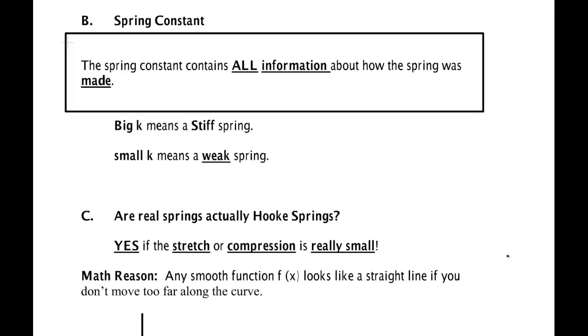What was said was that you had to heat it until it was cherry red, and then you had to quench it in this oil sand bath for so many seconds afterwards, and that made a nice spring. But whether what you see as cherry red or what he saw as cherry red might be different. You get a totally different type of spring. All of that information about how to make it and that skill is contained in the spring constant.